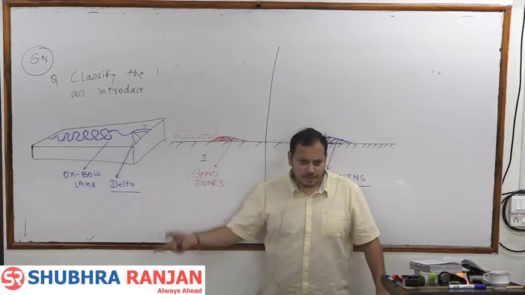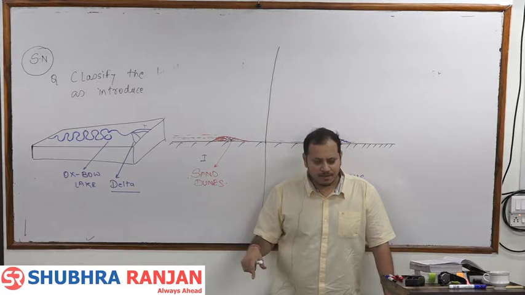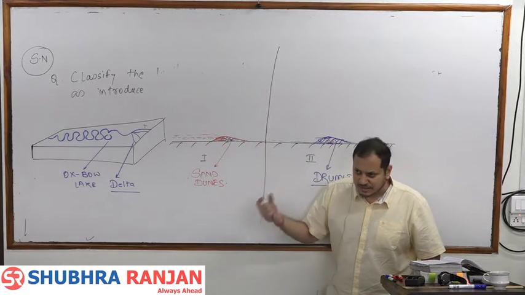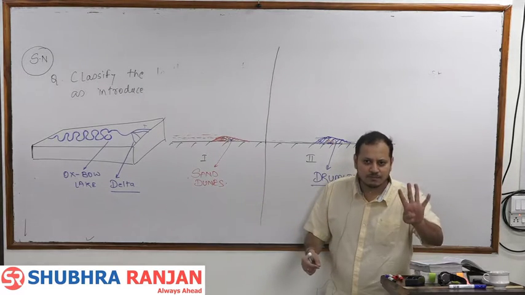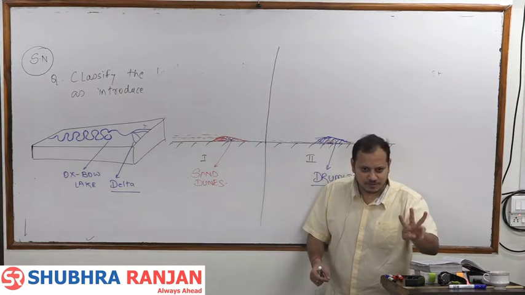Oxbow lakes or lakes, river channels, meanders, delta, drumlins, sand dunes, eskers, these small relief features which we are going to study, they are all examples of third order relief features, not second order, third order.